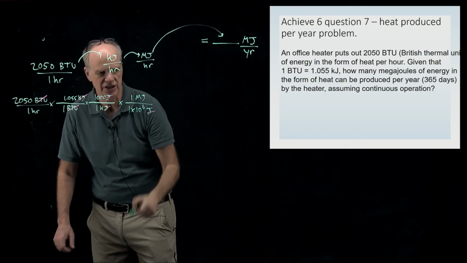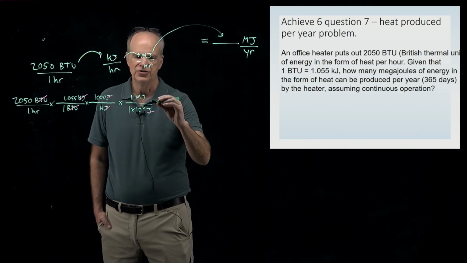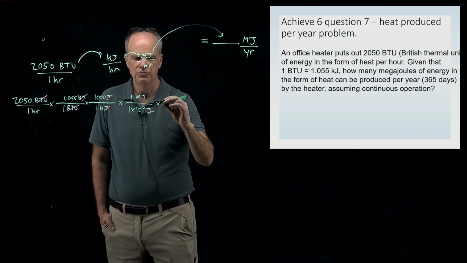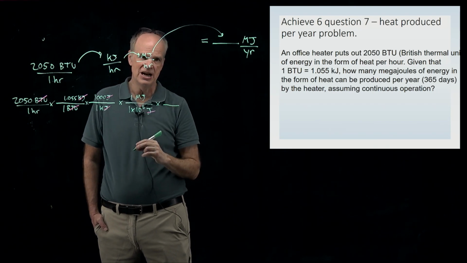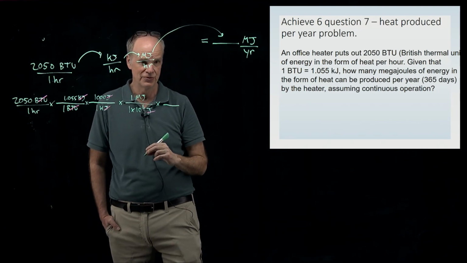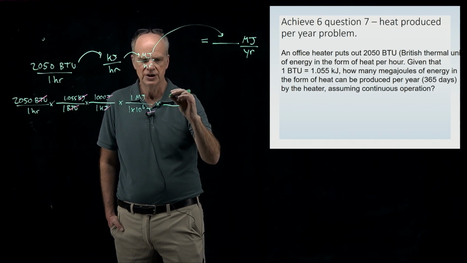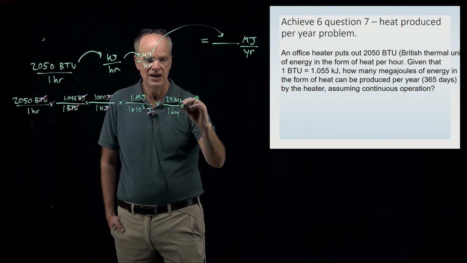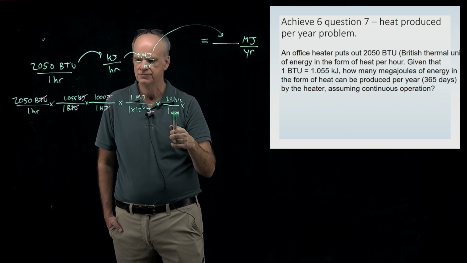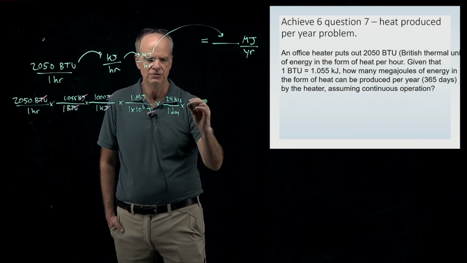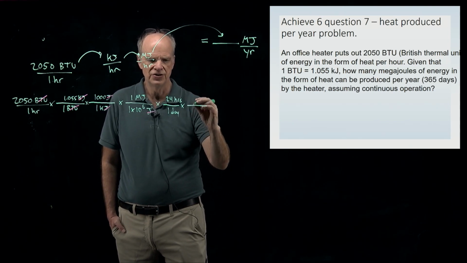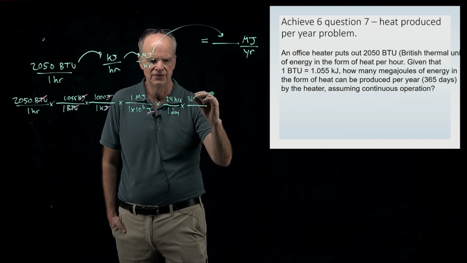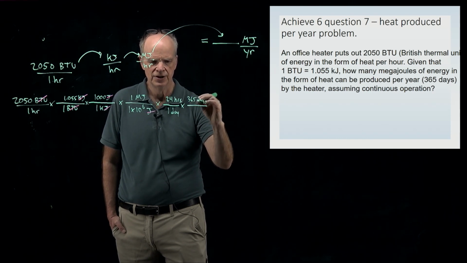Okay, so finally you have to get this into megajoules per year. So that isn't so bad. So what you want here is how many hours are in a day? As I recall, there are 24 hours in a day. So we're going to have 24 hours in 1 day here. And then finally we convert days to years. And so what we want to do is we want to have 365 days here in the numerator, and then 1 year in the denominator.